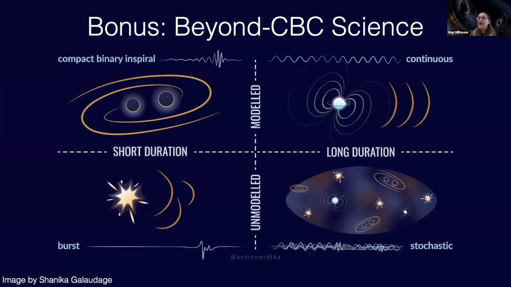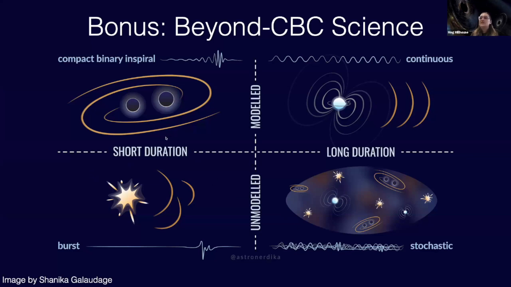So I am going to give a little bonus too about beyond CBC science, because a lot of my work so far has been in beyond CBC things, and I think it's interesting. People sometimes discuss LIGO, Virgo, KAGRA searches and sources on 2 axes, one being the duration, so short duration transient events or long duration, and the other how well modeled the signals, or sometimes how well modeled the search is.